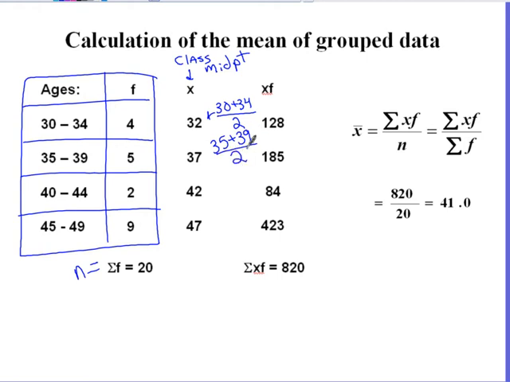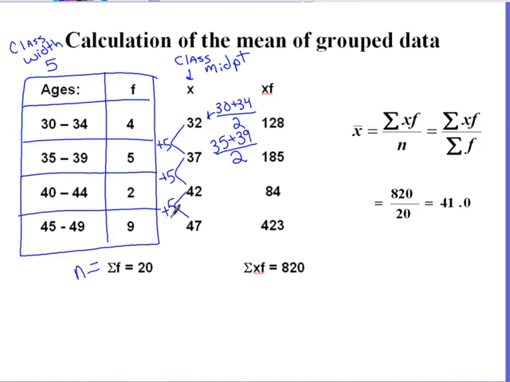But if I notice here, my class width for each of these classes is 5. So I'm going to use that magic number of 5 to just keep on adding 5 to get each of my class midpoints. You can go through and average for all of them, double check it if you don't believe me.